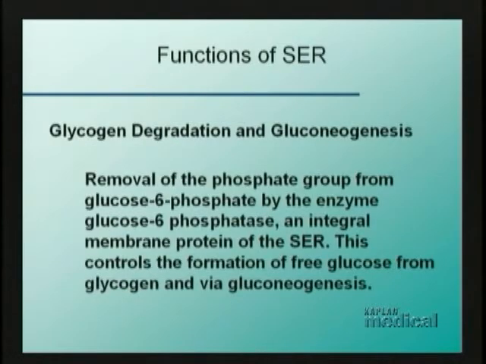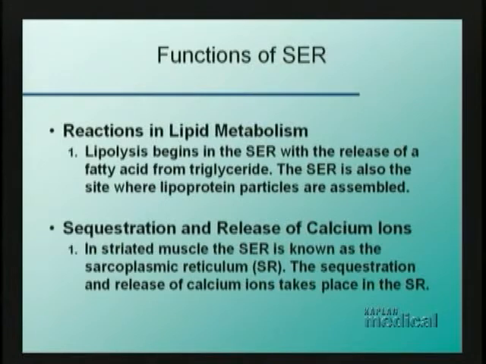Third, smooth endoplasmic reticulum is also involved in glycogen metabolism, basically forming free glucose by cleaving it from glycogen. And then separately, additional reactions that occur in the smooth endoplasmic reticulum involve lipolysis, with the release of fatty acids from triglycerides.